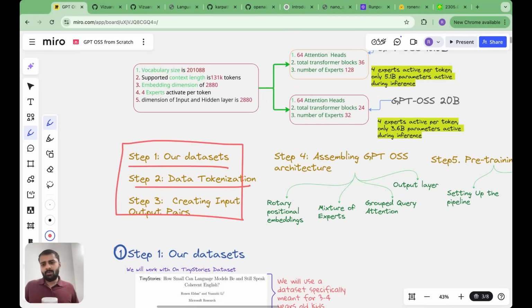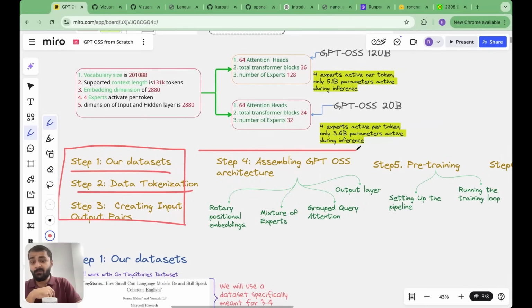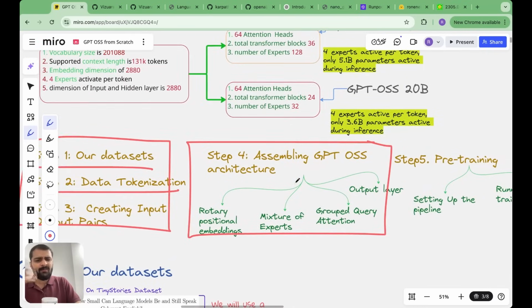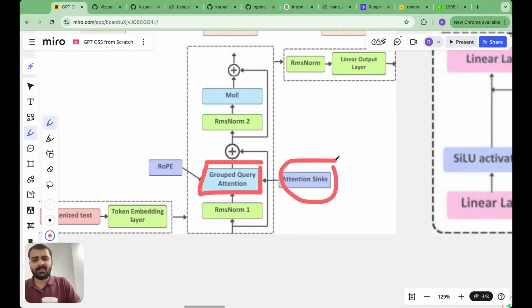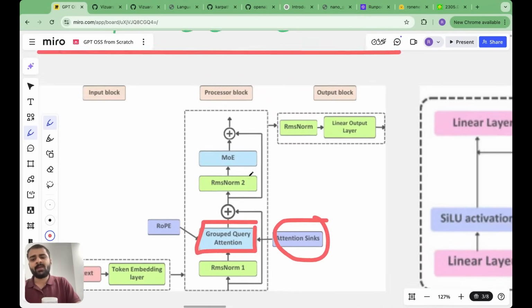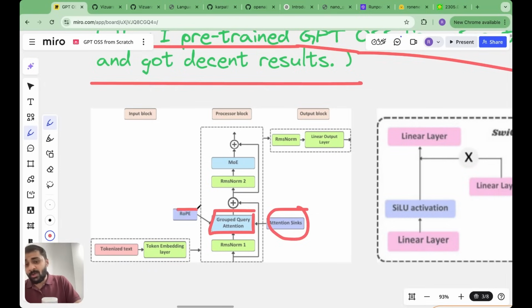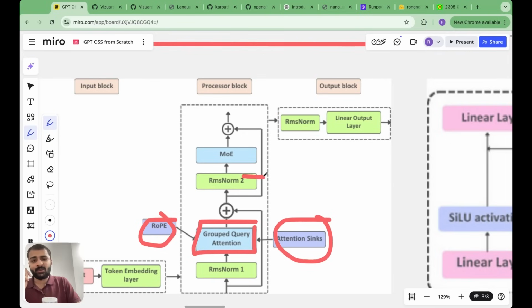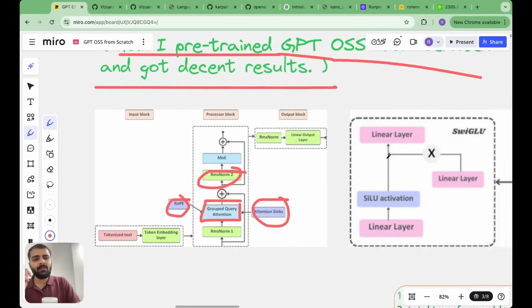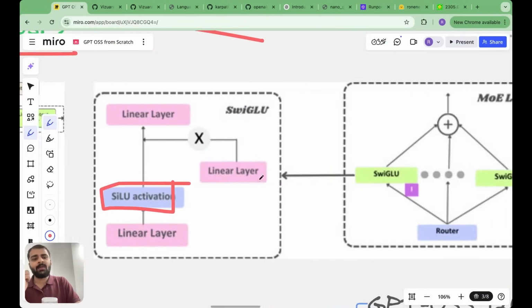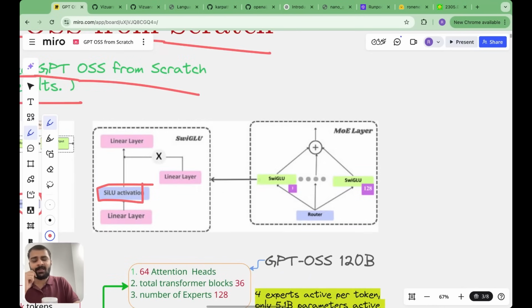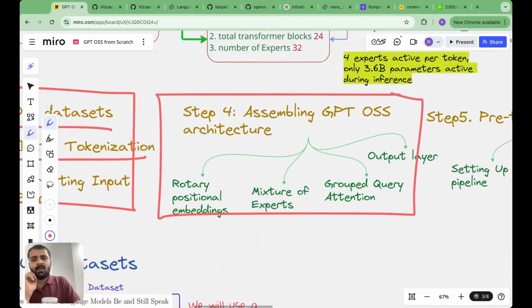If you already know how data pre-processing is done, you can directly jump towards step number 4 of this video, where we are going to go into detail about every single aspect of their architecture, including attention sinks, grouped query attention, rotary positional encodings, RMS normalization, then their feed forward neural network, the CLU activation, mixture of experts, etc. We'll go through this all.